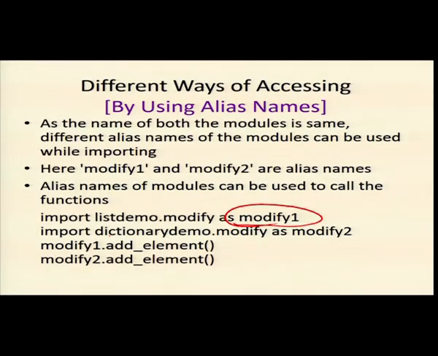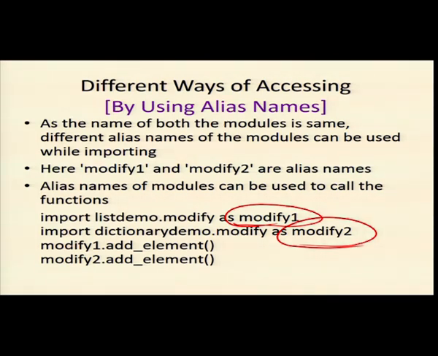Then, as the names of both the modules are the same, different alias names are possible. Here modify 1 and modify 2 are alias names. Alias names of modules can be used to call the functions. So, import list demo dot modify as modify 1, import dictionary demo dot modify as modify 2, and now we can easily segregate which module has been called.